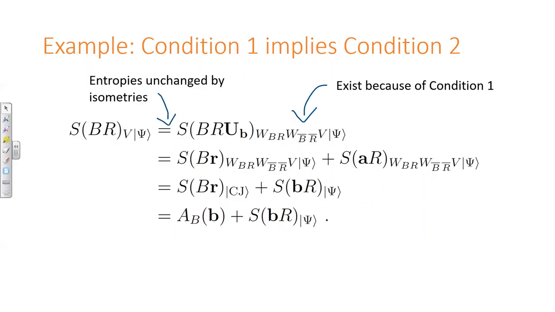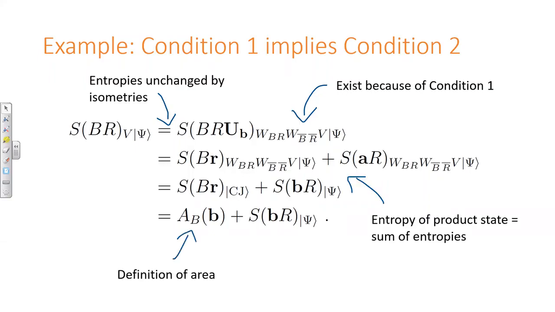But then this state is just a product of the trigeminal state and the bulk state in some auxiliary system. So now we've related this boundary entropy to the combination of the entropy of the trigeminal state and a bulk entropy. But of course, the trigeminal state entropy is exactly how we defined the area. So that's how we end up getting this formula. That's how you can get from condition two to condition one.